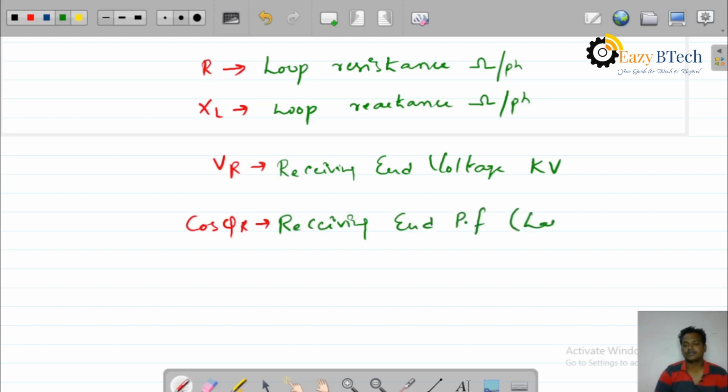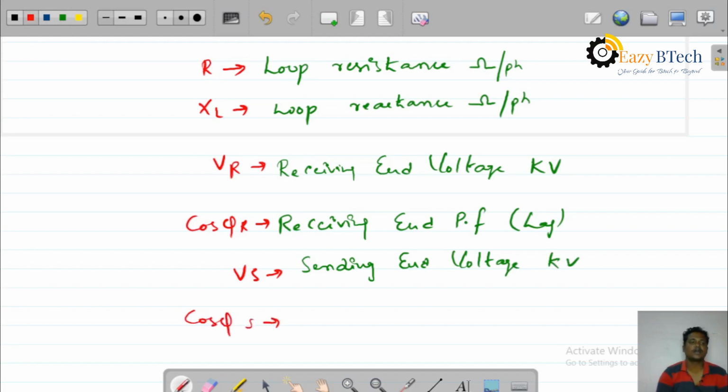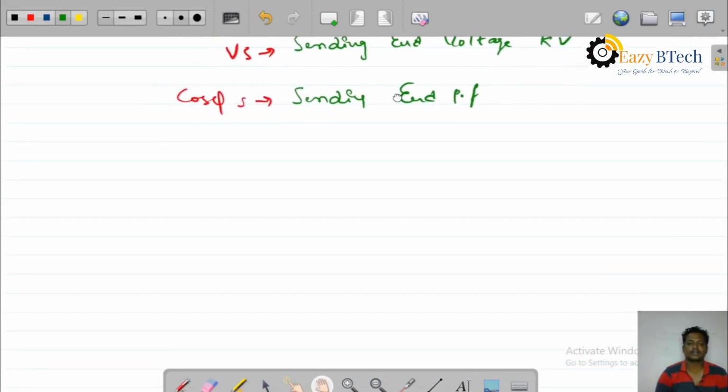For this case, I am taking this power factor as lagging. Vs is the sending end voltage in kV, and cos phi s is the sending end power factor.